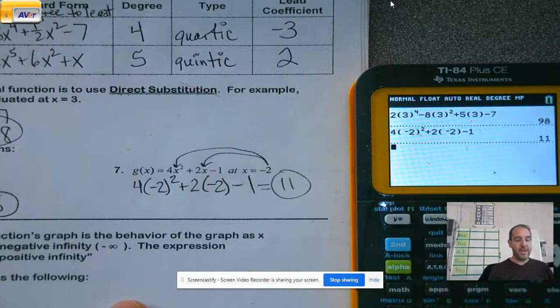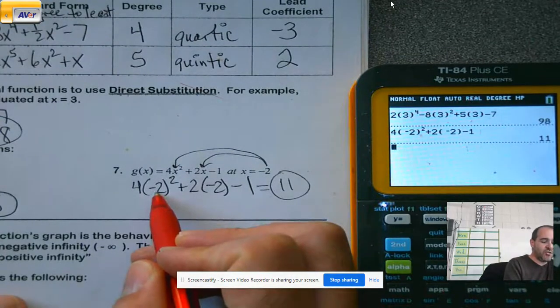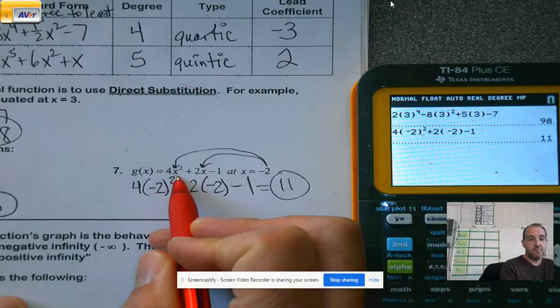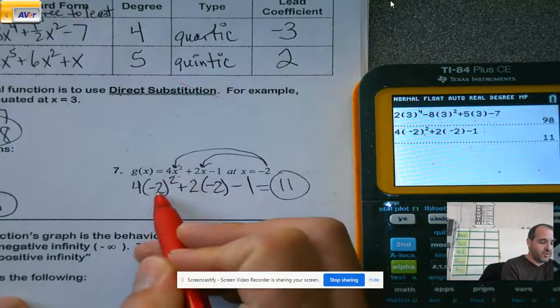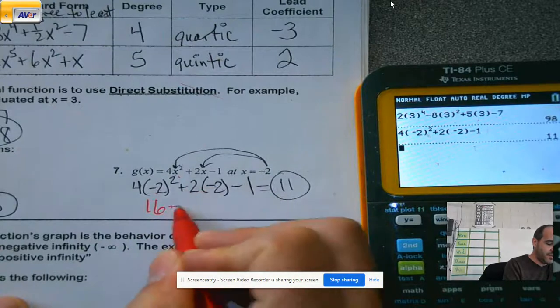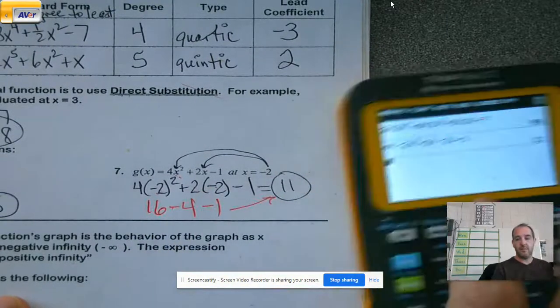Now, if you wanted to, it wouldn't be a bad thing if you kind of challenged yourself and said, okay, I'm just going to do this piece by piece here. So like here, just to remind yourself with order of operations, I'm only squaring the -2. I don't multiply and then square. That won't work. So -2 squared is 4 times 4 is 16. 2 times -2 is -4 minus 1. I get the same thing. Okay.